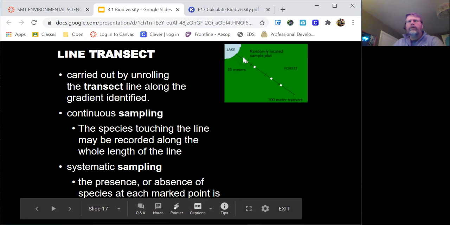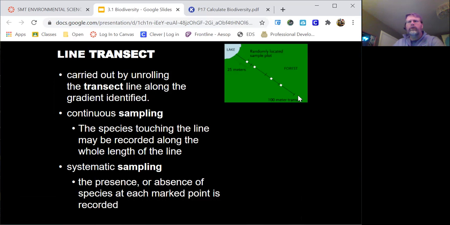Here we see 100 meters worth of string stretching from a lake up into the forest. You unroll the transect line along the gradient, along the ground, and you do continuous sampling, where you count and document the species touching the line and record along the entire length of the line.